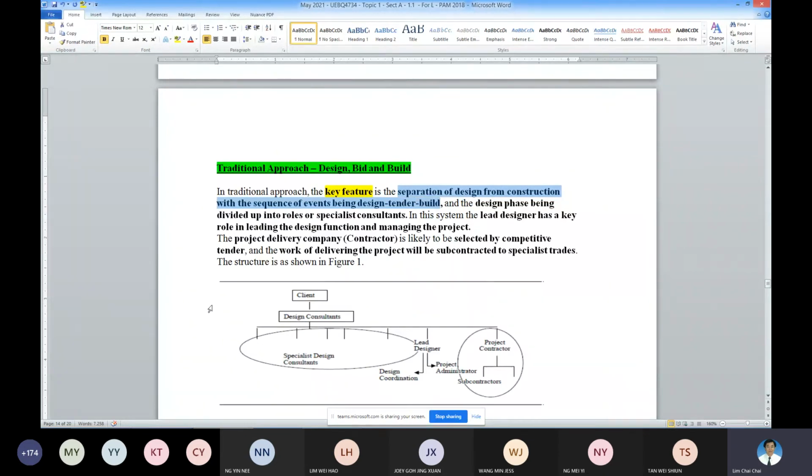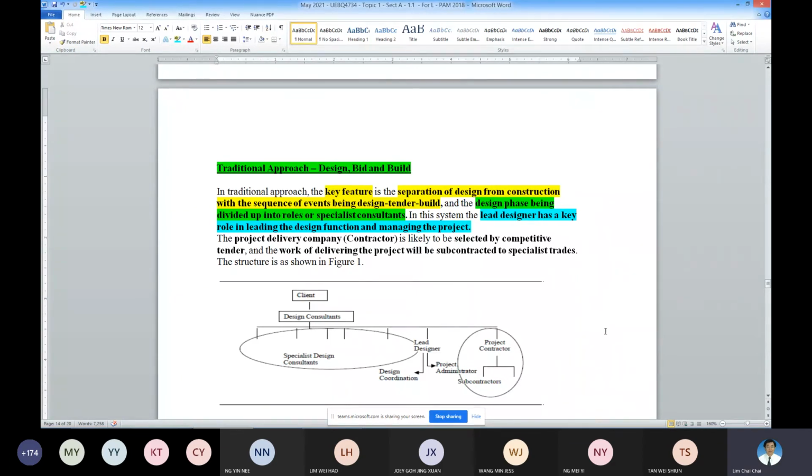The design phase is carried out by the consultants, and then the lead consultant usually plays the role of managing the project. So this is the traditional approach.